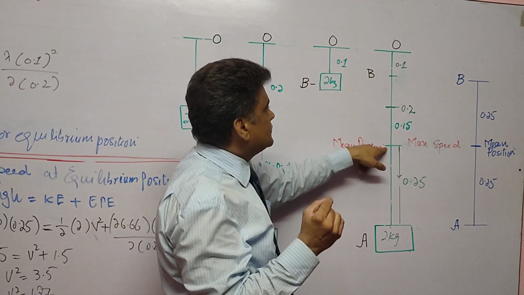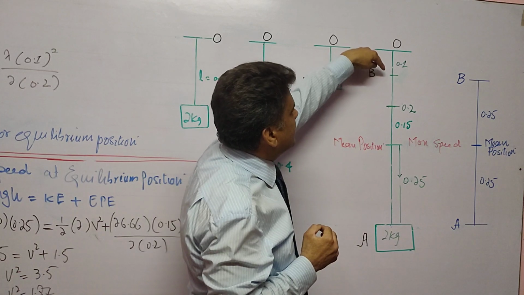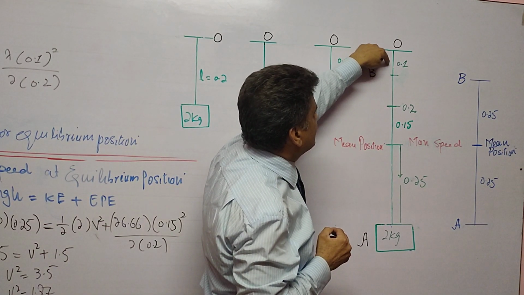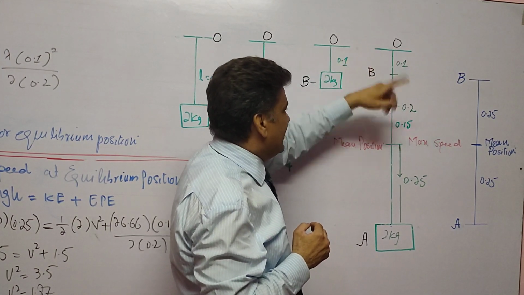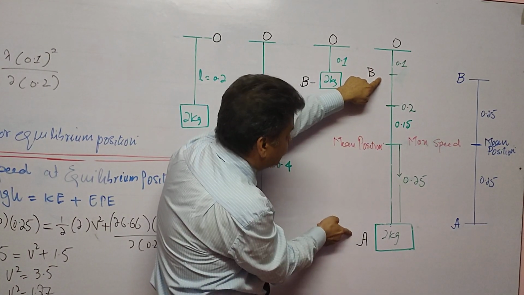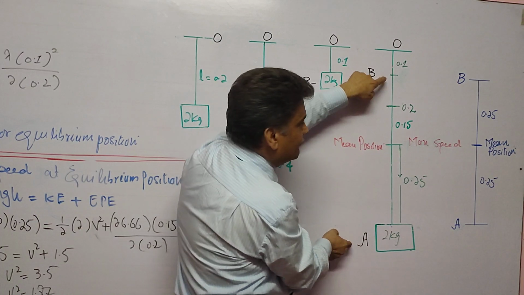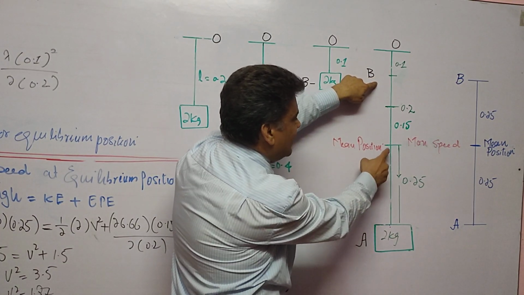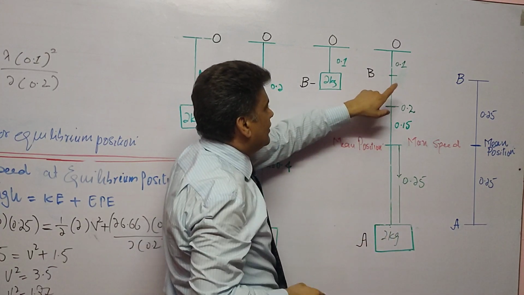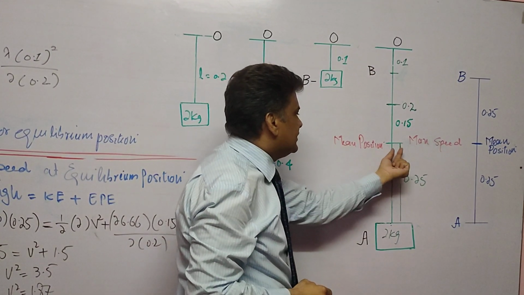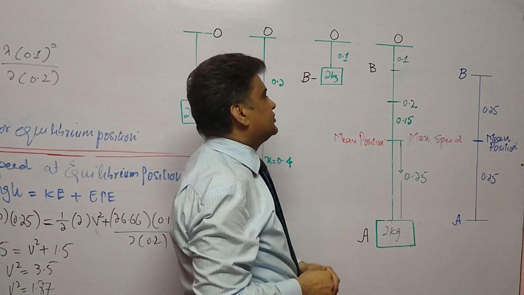If we leave this distance 0.1, we discard 0.1. The remaining distance from B to A will be equal to 0.5, and this is the center. From B to A, this position is called the center position or mean position.